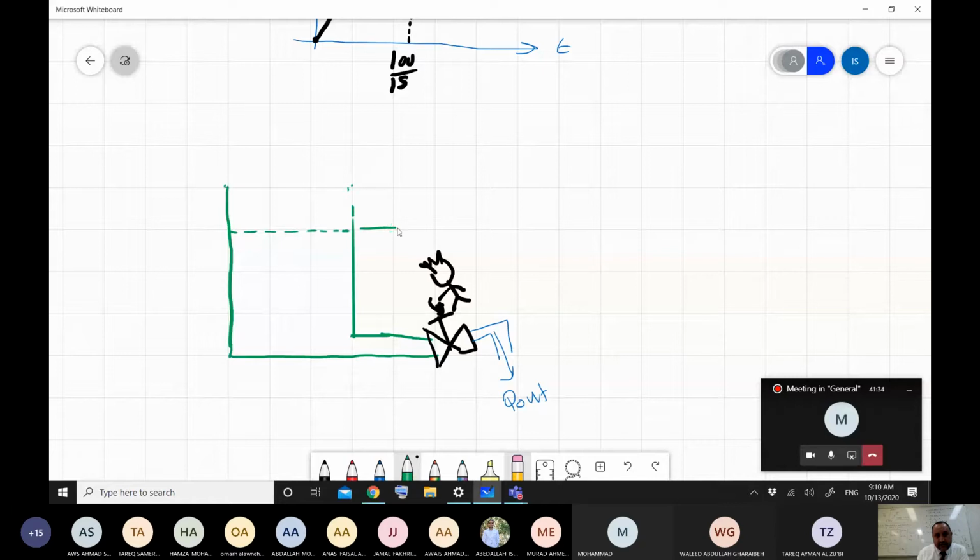And the same thing, I need to maintain my level at the desired level, which I think we agreed to call YD of T, correct? As a definition for the desired output. Now, one solution: if I need to adjust the control signal according to the actual output, then what should I do?